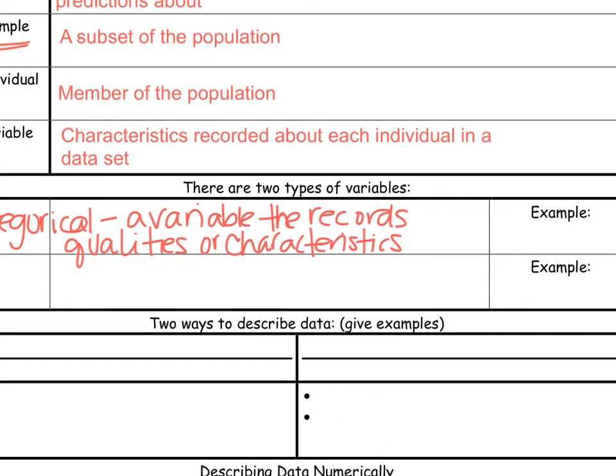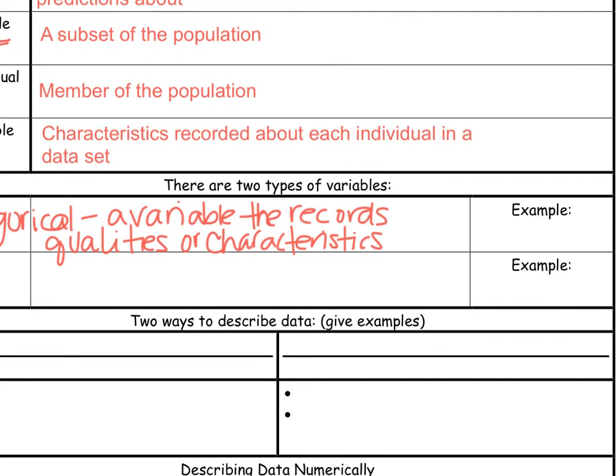So for example, we might go to the mall and record gender, eye color, or hair color, so that's a quality or a characteristic.